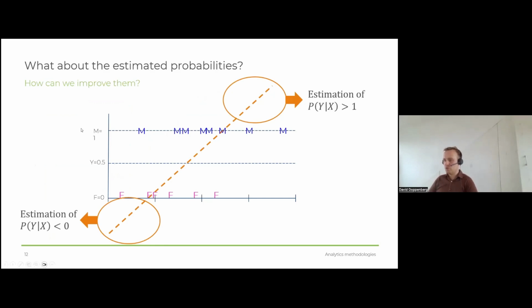If you're on the line where M equals 1, then you know for sure the label should be M. If you're on the line at 0, you are 100% sure it should be labeled F. But the question now arises, how do we interpret the model predictions that are beyond 1? Because now the estimation is larger, so we have more than 1 probability. That's weird, because typically probabilities should be between 0 and 1.